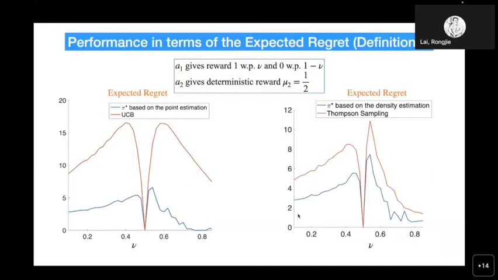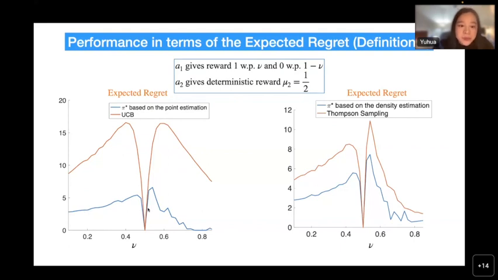Here is an example where we measure our performance by the expected regret on a one-armed bandit problem. One arm follows the Bernoulli distribution with unknown probability mu, and the other arm has a deterministic reward. The problem is, when should we pull the unknown arm?